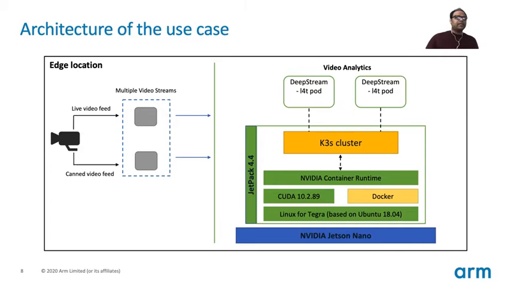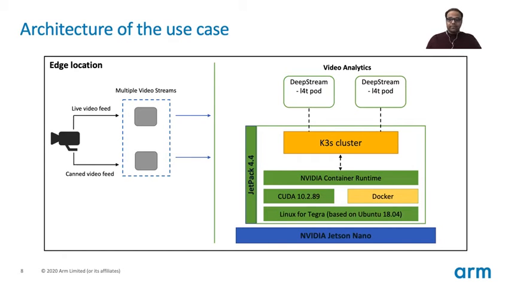It's a comprehensive software stack for the Jetson family of products, in this case Jetson Nano, and has all these dependencies and libraries built in. And we are using JetPack version 4.4.